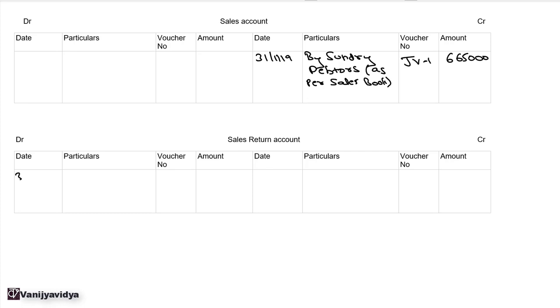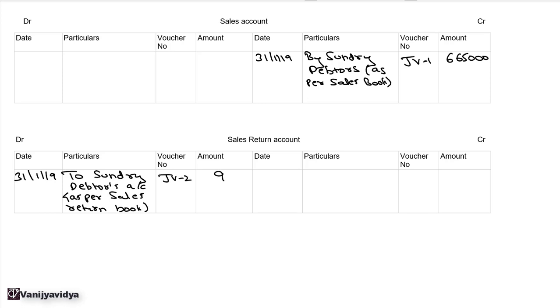So on 31st Jan 2019, to sundry debtors account as per sales return book, JV2, amount is 97,000.